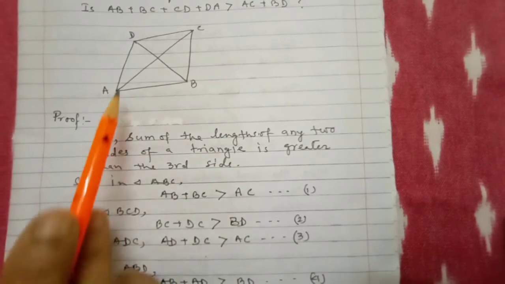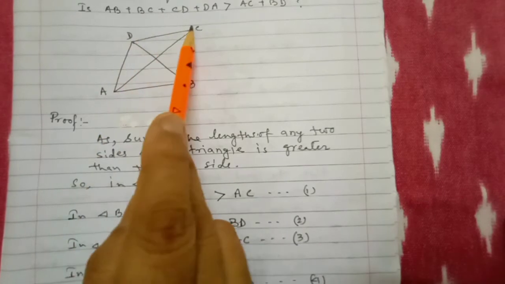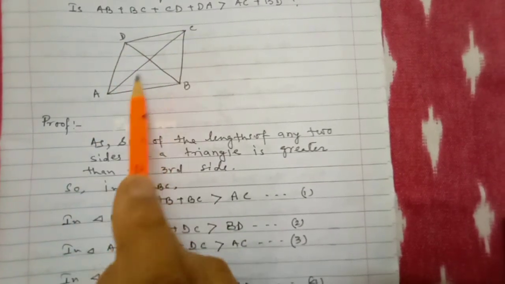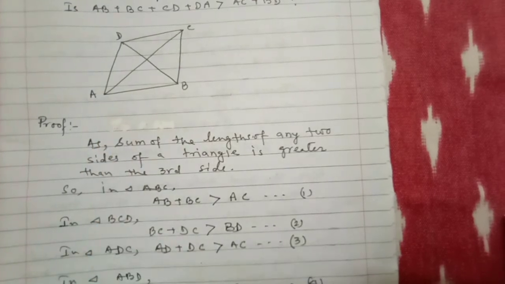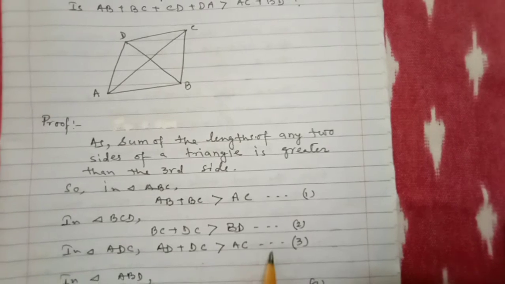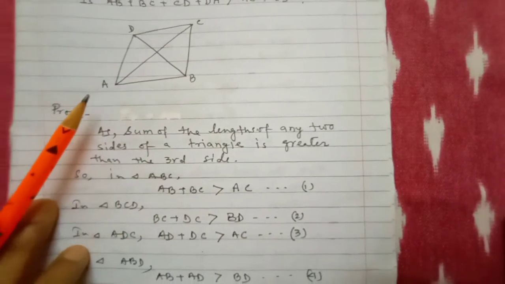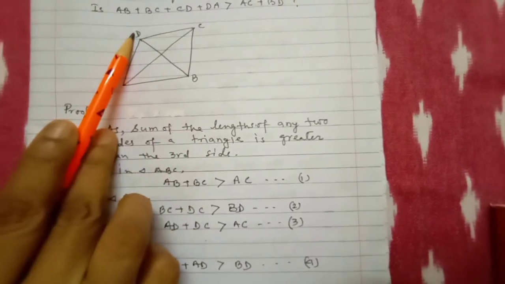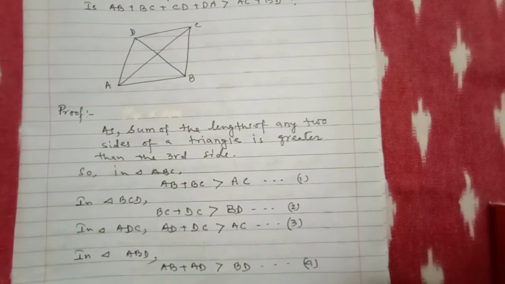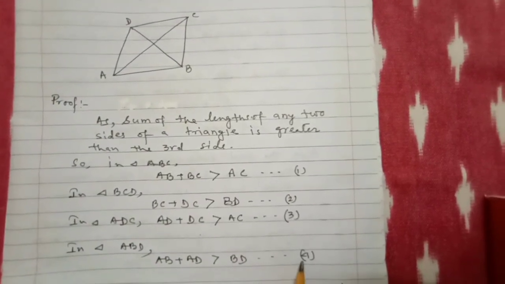Next, triangle ADC: AD plus DC greater than AC. Equation number 3. Now another triangle, ABD: AB plus AD greater than BD. It is equation 4.